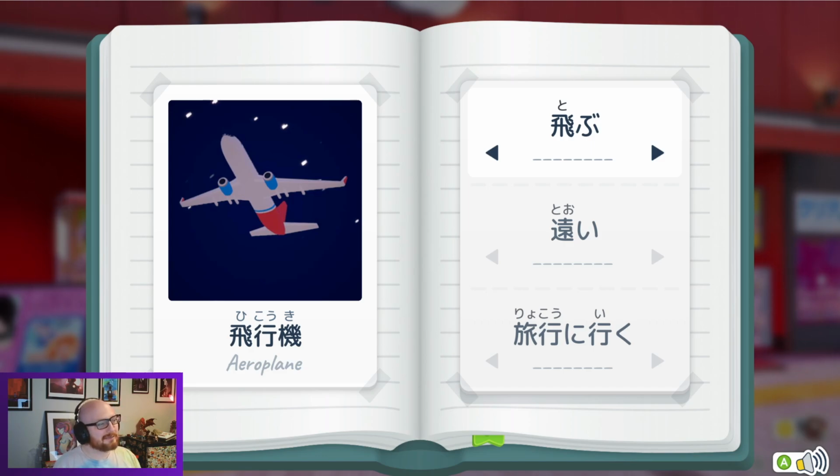Over here we have tobu. So as earlier, this has a bu. So if we want to conjugate it, we go ba, bu, be, bi, bo. All of our little sounds there. If you want to say you are presently doing a verb, you put it into base te, and then add iru to it.